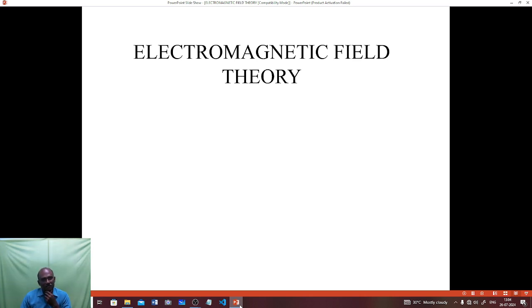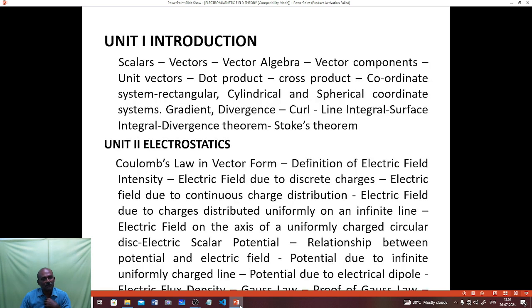In electromagnetic field theory, the various topics we are going to discuss begin with an introduction to the algebra of vectors. Normally we are going to see the coordinate systems: Cartesian, cylindrical and spherical. Why are we studying these three systems?